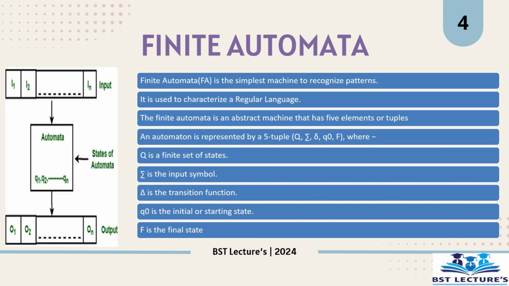In the same way, the finite automata contains a language or a grammar in order to compute the automata. For example, the language used in this finite automata is regular language. To be noted, it is very important.